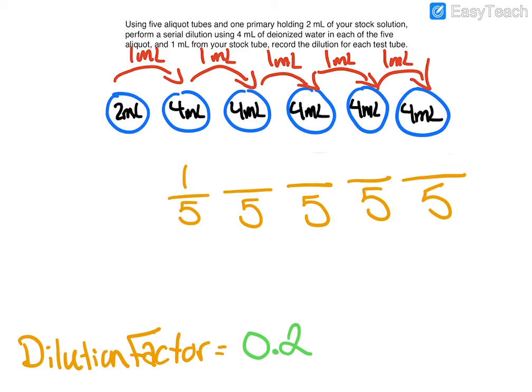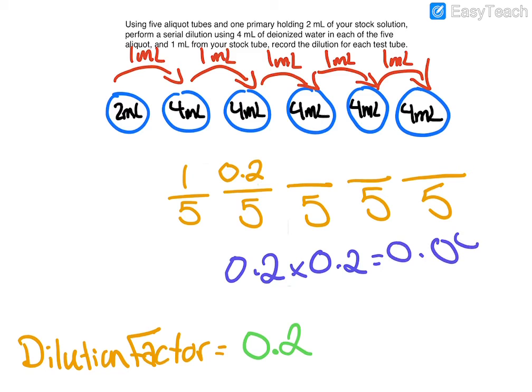And our dilution factor is also the top of our fraction here for our second tube. Now, to get our last 3 numbers, all we have to do is multiply our dilution factor by our top number. And 0.2 times 0.2 is 0.04. So that's our number for right here.